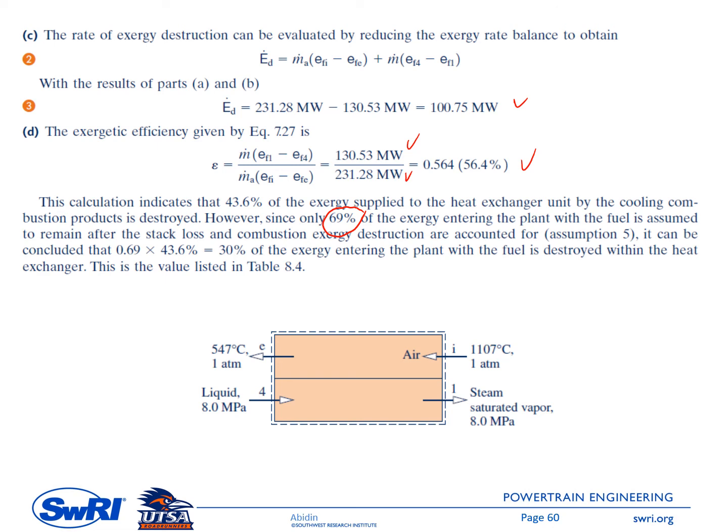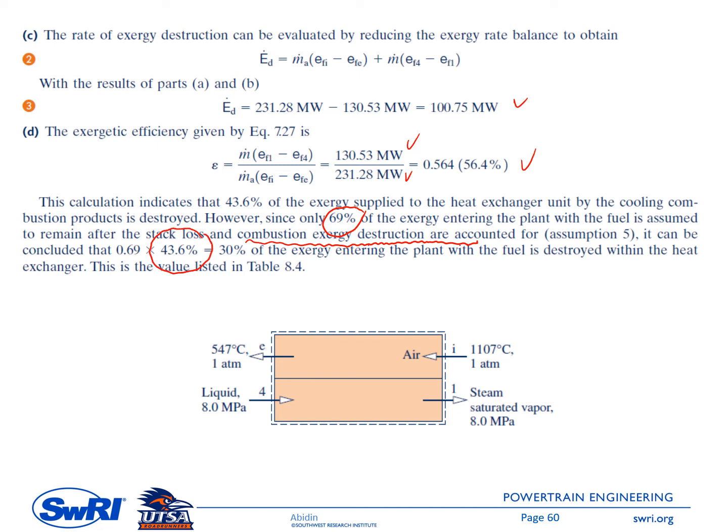But keep in mind that only 69% of the exergy entering the plant with the fuel is assumed to remain after the stack loss and combustion exergy destruction. So in this case, you also need to consider this number, so that we can conclude that 0.69, so it means this is 69% of the exergy, and then times 43.6%.